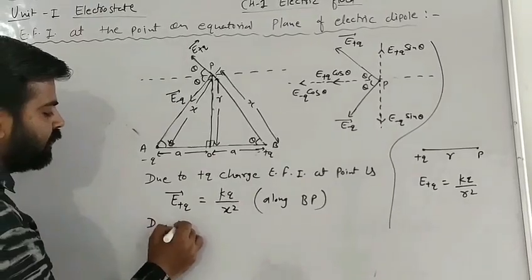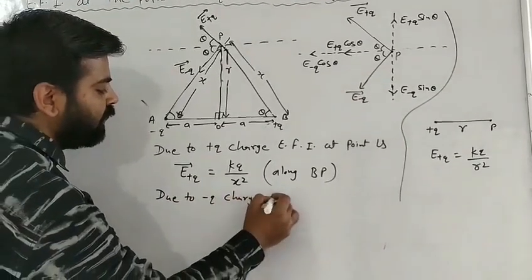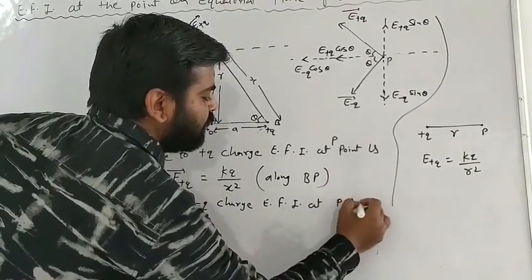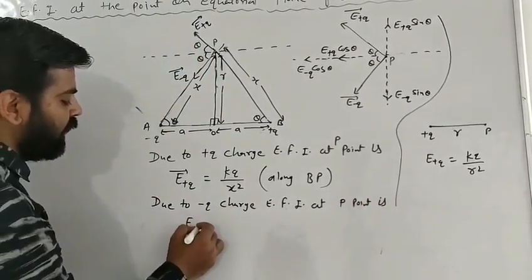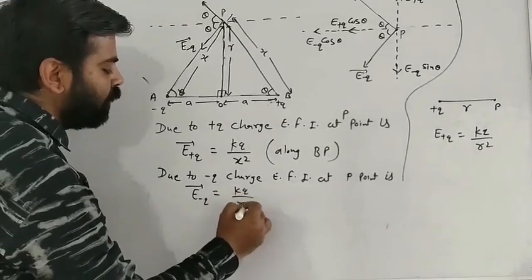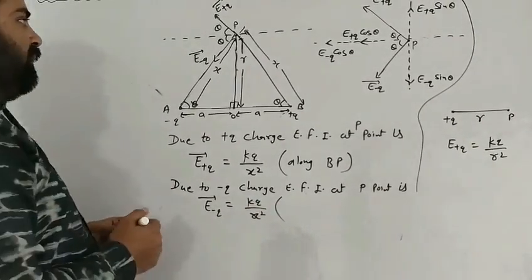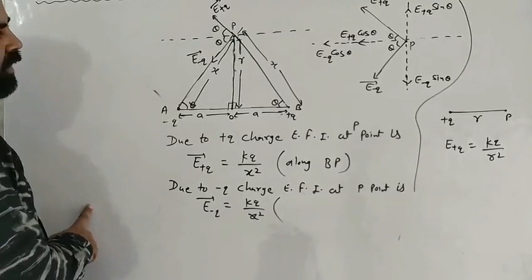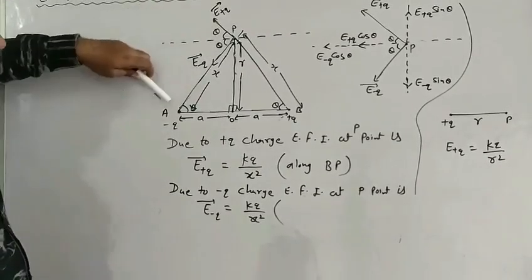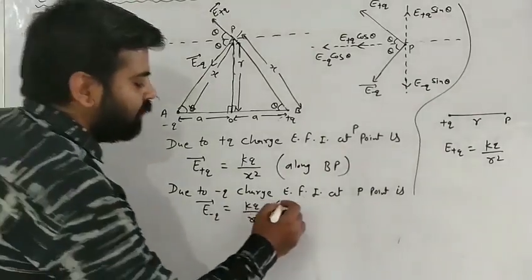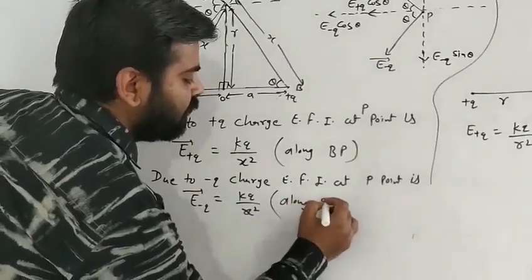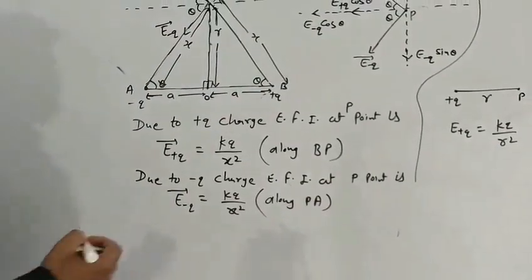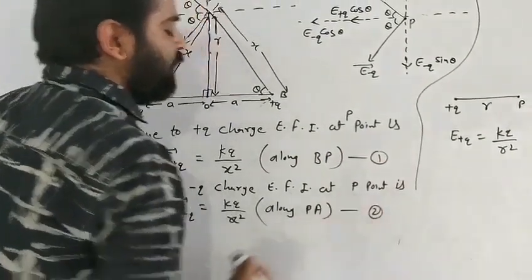In the same way, due to minus q charge, the electric field intensity at P point is E minus q vector equal to kq upon x square, and its direction is towards the charge, or from P to A. So its direction is along PA. This is equation first and this is equation second.